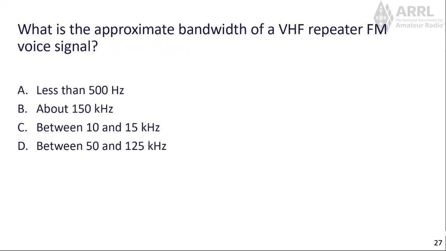What is the approximate bandwidth of a VHF repeater FM voice signal? Between 10 and 15 kilohertz. You've got a chart in your study manual that shows this. This wasn't in the presentation.